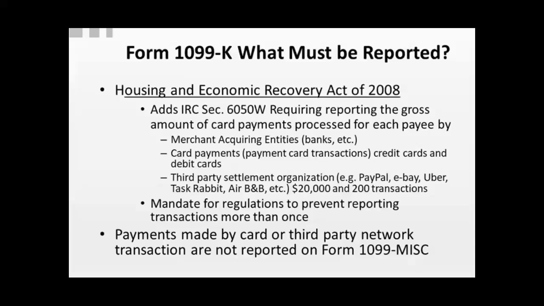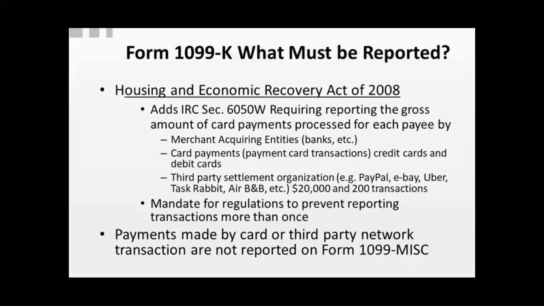And they put a threshold on this, $20,000 in a dollar amount of transactions or 200 transactions. Then the IRS wants a 1099-K issued to that person because it's presumed they're in business, and they'll be looking for a tax return, business tax return for them.